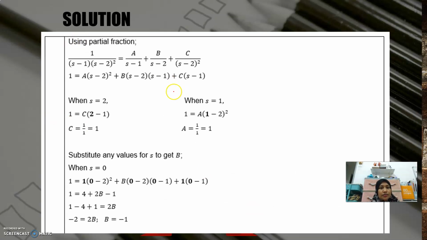Alright, so 1 over (s minus 1)(s minus 2) squared.